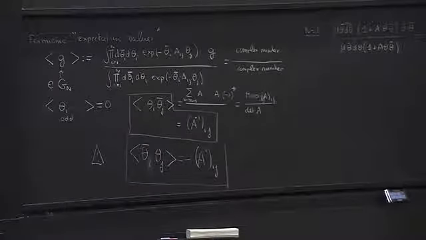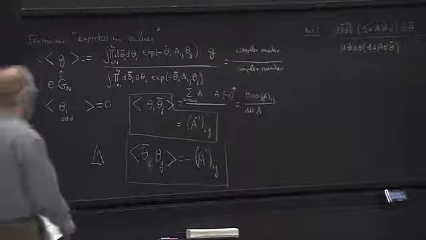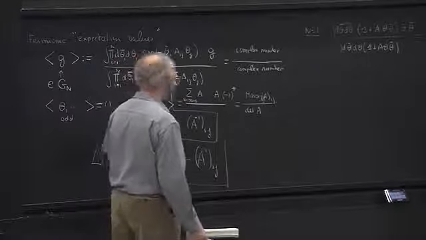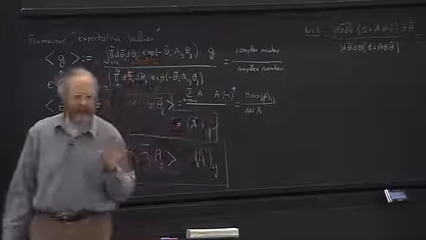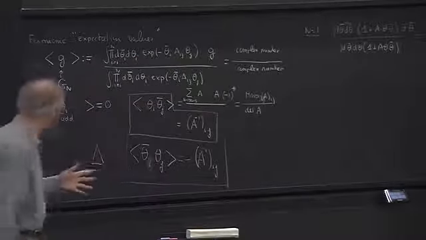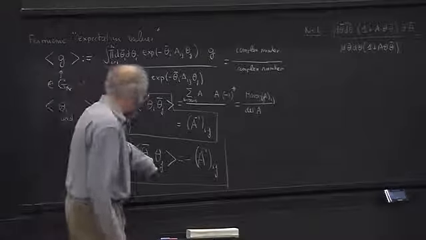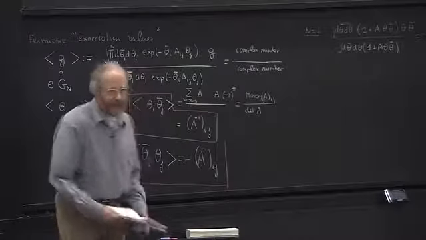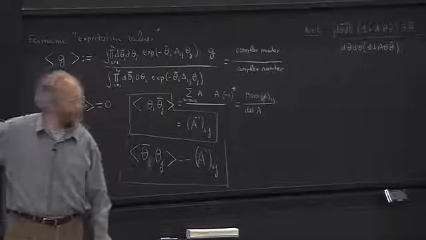So you see that when you compute something which is a formal expectation value of the thetas and the theta bars in a Gaussian integral of the thetas and the theta bars, you see that they anti-commute, as they should from their definition. Okay.